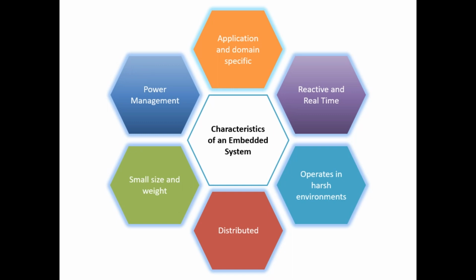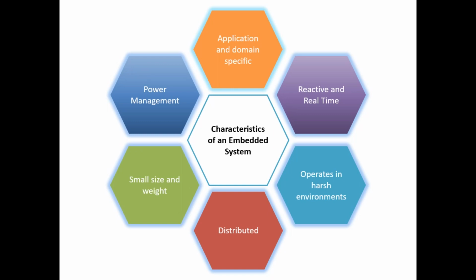So we have to select the design according to the low power components with power saving modes. Remember, power management is also a critical constraint in handheld devices, or we say battery operated devices. If the power consumption is more, the battery life will be reduced. So power management becomes one of the major characteristics of an embedded system.